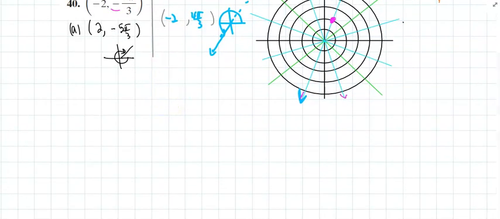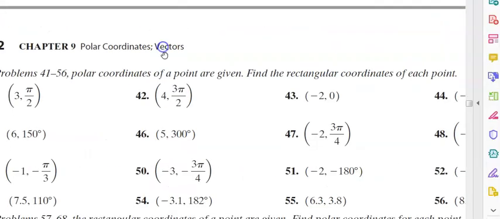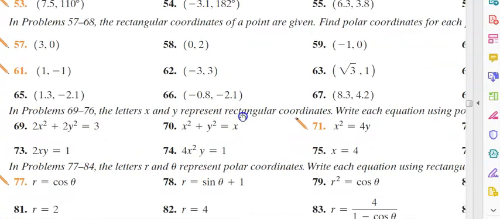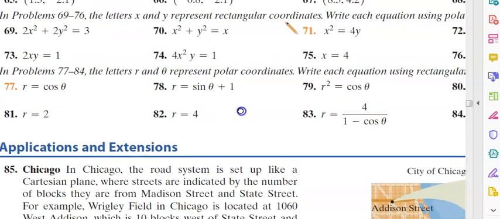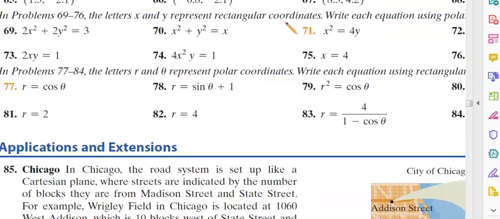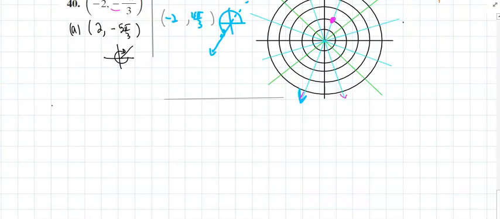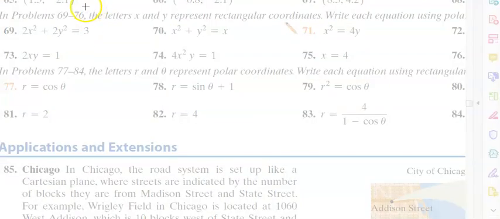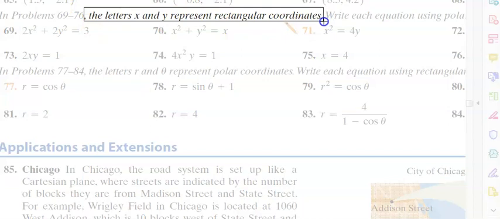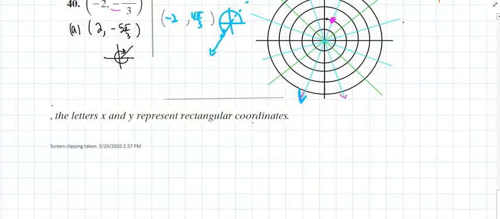Last aspect of this section is for us to look at converting from x and y to r and theta, actually the last two sections. One part states that x and y are rectangular coordinates. Convert the equation to polar coordinates.